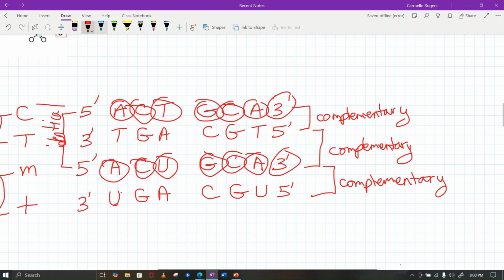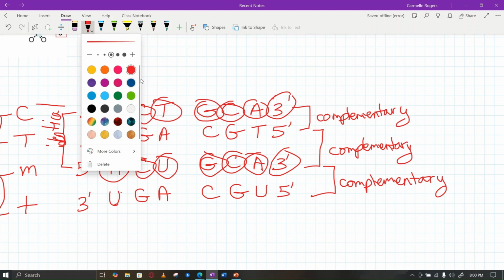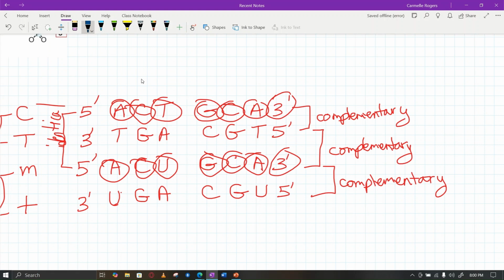Now let's have a look at the template, and what we'll see is that comparing template with tRNA, we also get identical strands. So the template with tRNA would be identical. And let's have a look. So they both have 3' on the left. We have a T in the template, which is for DNA.